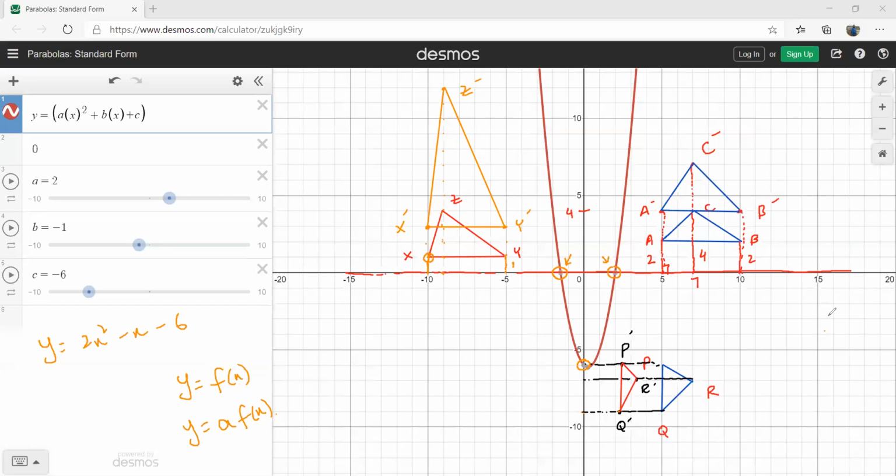If you have a point which is a comma b, after a vertical stretch with the stretch factor k, this becomes a comma kb, because the new y coordinate would be k times the original y coordinate. Do you agree with this or not? Yes? This becomes k times. Yes or no?